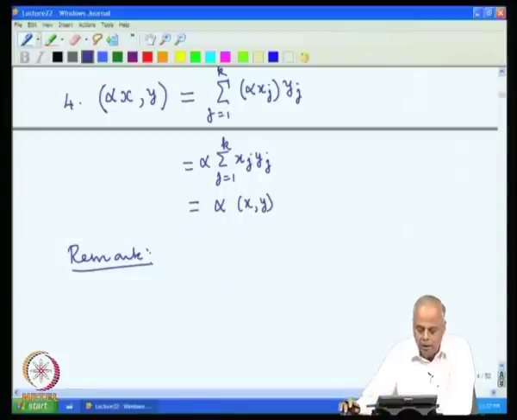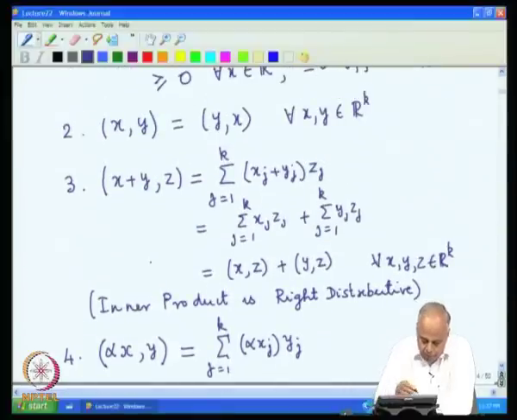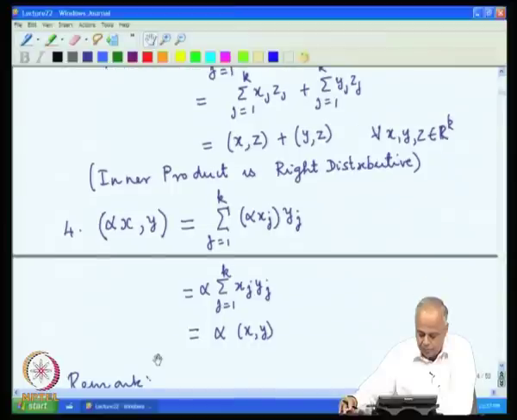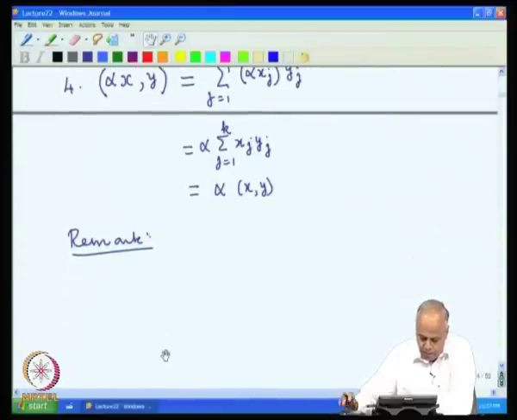Remark: since the inner product is symmetric, right distributive will also imply left distributive, and pulling out alpha from the first term in the inner product will also imply pulling out alpha from the second term in the inner product.